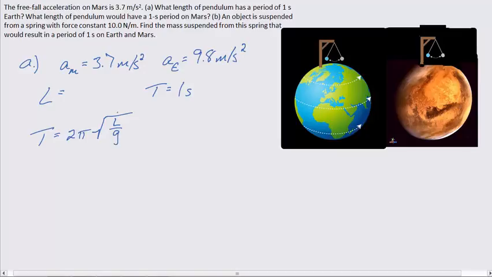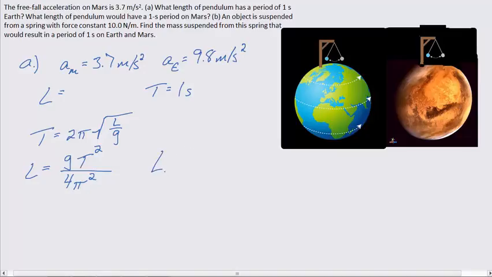Since we're trying to solve for our length, we can rearrange this equation, where we see that our length will be equal to our acceleration due to gravity multiplied by our period squared divided by 4 pi squared. Since we know our period and the gravity of both planets, we can use this equation to solve for the length of our pendulum.